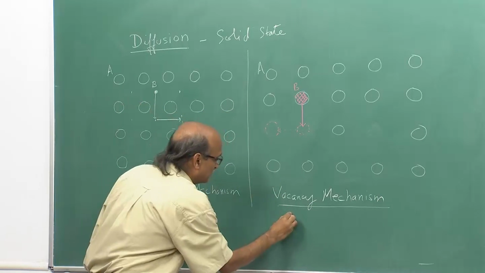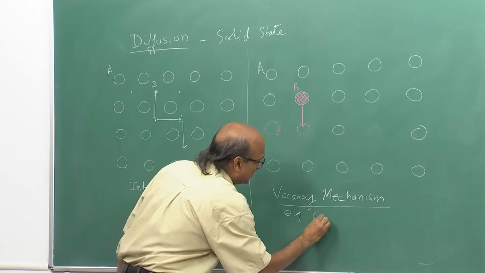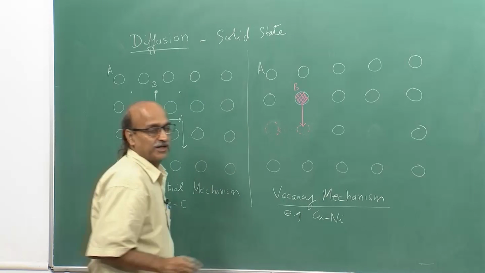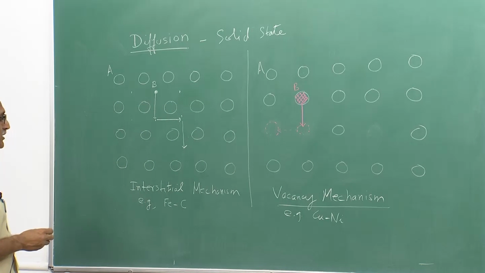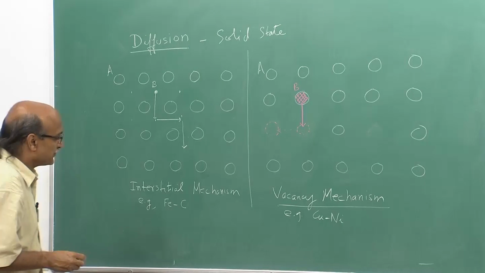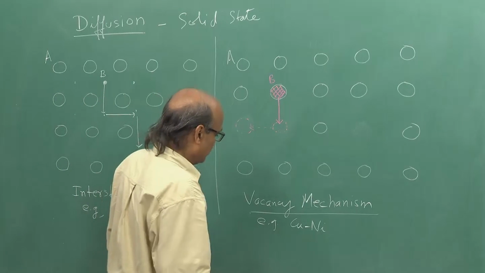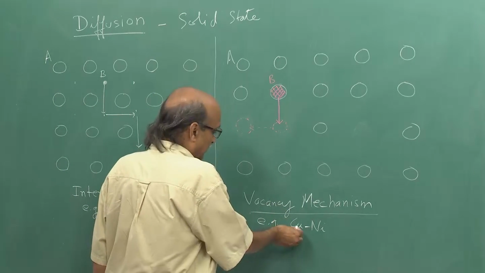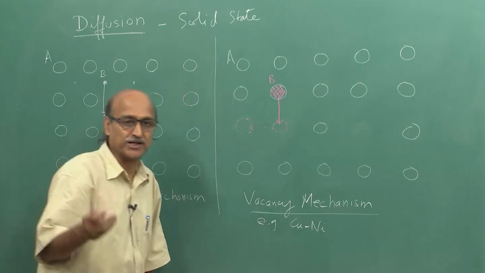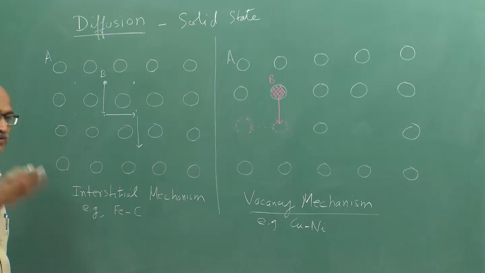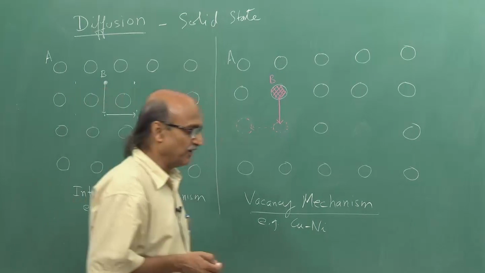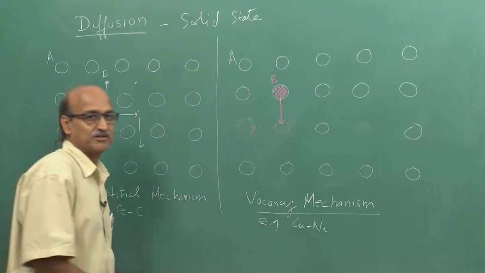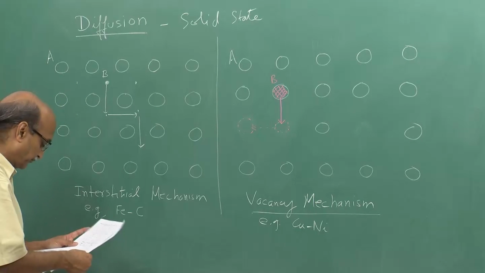An example of this could be copper-nickel. Copper and nickel form a substitutional solid solution, and here if the copper atoms have to move through a nickel crystal or a nickel atom has to move through a copper crystal, it will have to find a vacancy in one of its nearest neighbor positions.